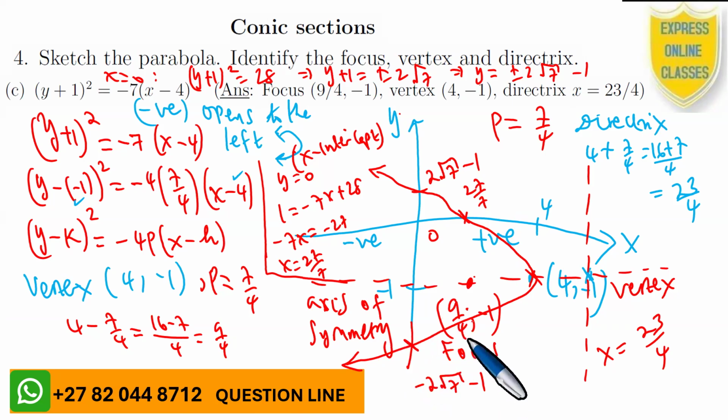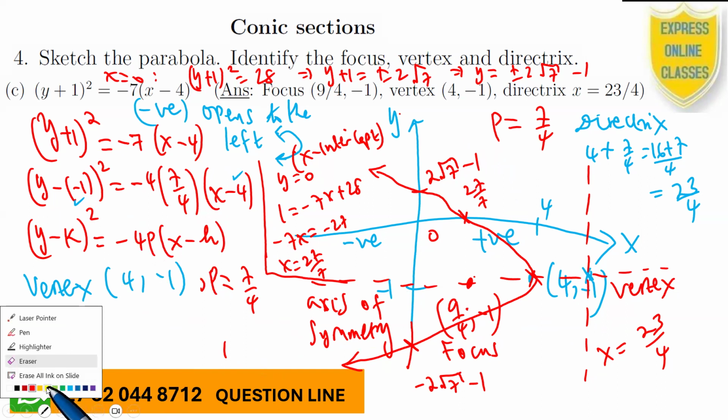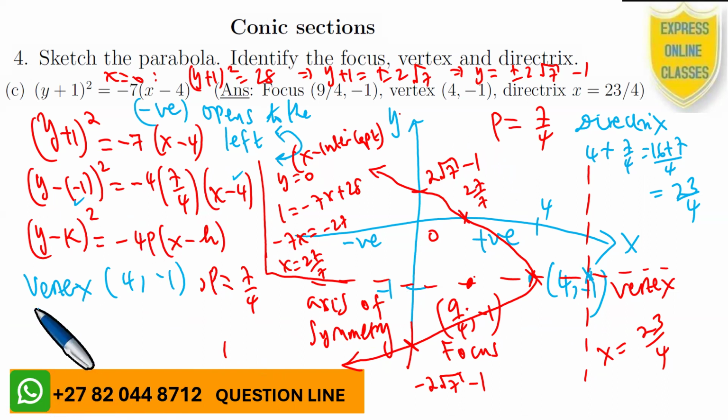So which means that we have had the focus, which is 9 over 4 and minus 1. The vertex we've already seen already. It is at x is 4 and y is minus 1. What is the focus? The focus is this one, which is 9 over 4.